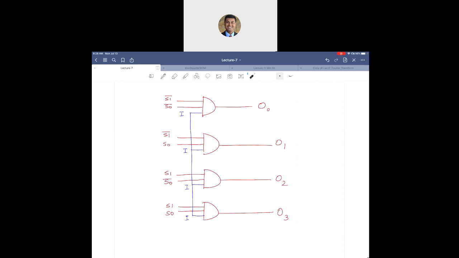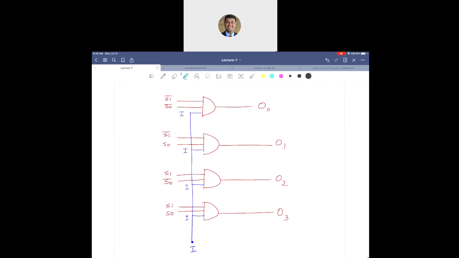Now the input I goes to all the AND gates, right? So I is the same as I is the same as I is the same as I, and you can actually pull this out. I, that's the input.